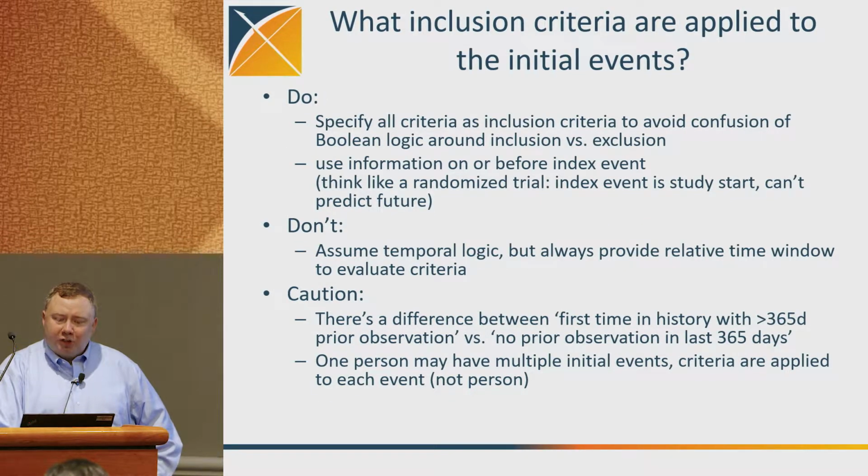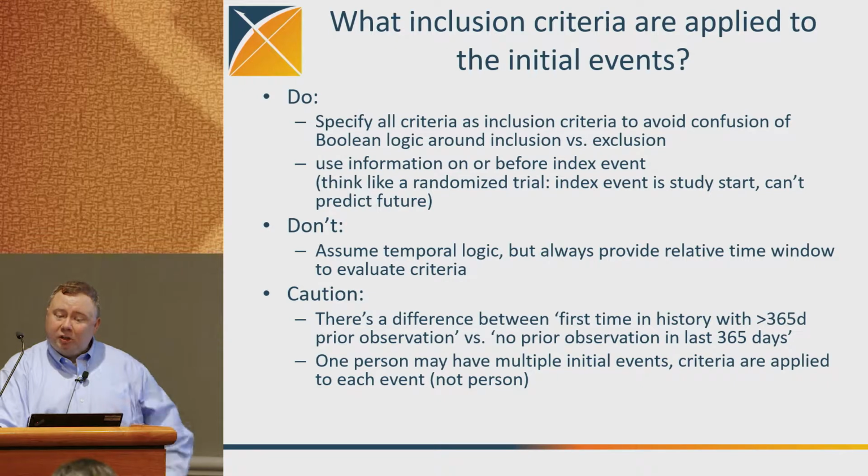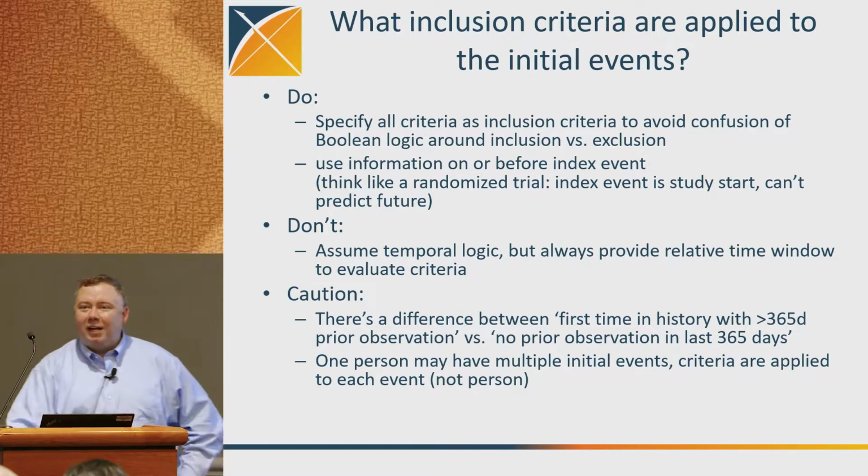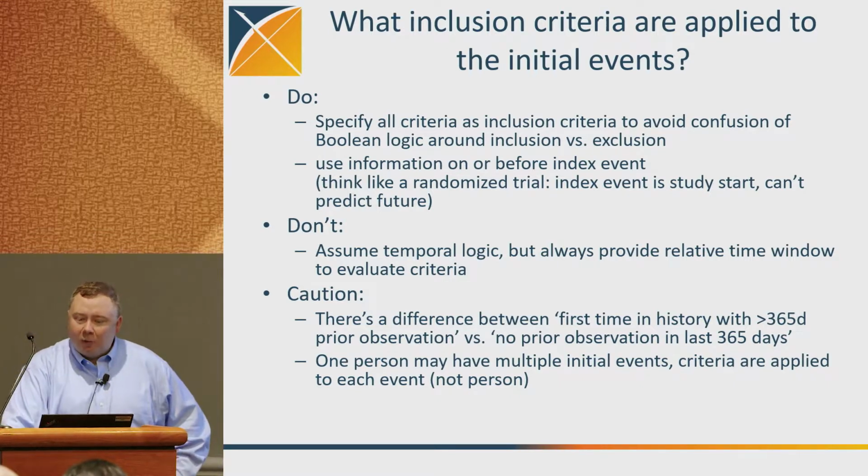As it relates to inclusion criteria, the do's: make sure you specify all your criteria as inclusion criteria. Try to avoid the confusion of talking about inclusions and exclusions. Otherwise, you'll probably get yourself tied in knots, as we'll see some examples of. Try to use information that's on or before the index date, particularly for a lot of your analysis. Use the analogy of thinking about a randomized trial.